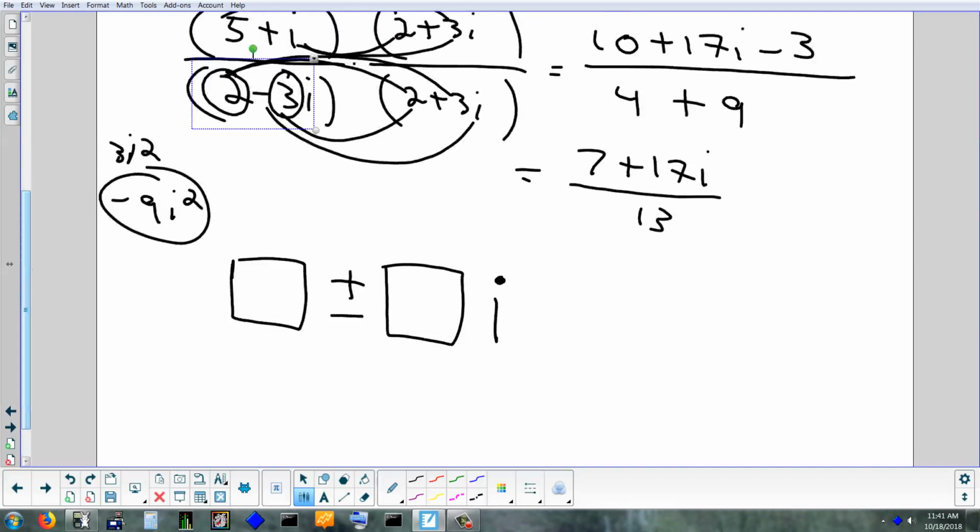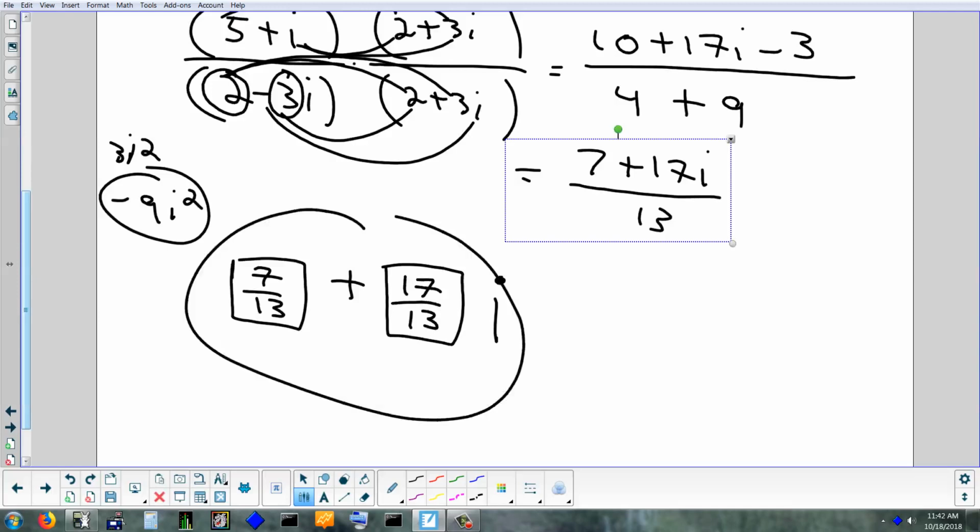So that's what it should look like. This is like a big fraction with the 13. So the way we can write it in standard form is put the 7 over the 13, and this is plus, and then put the 17 over the 13. So it's like you're just writing each one separate. So the real part is 7/13. The imaginary part is 17/13.